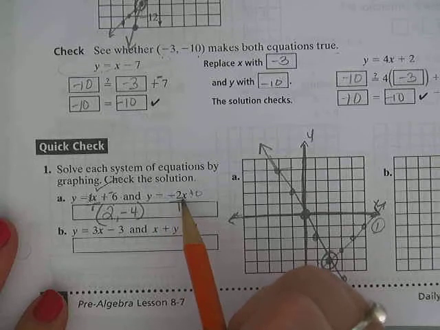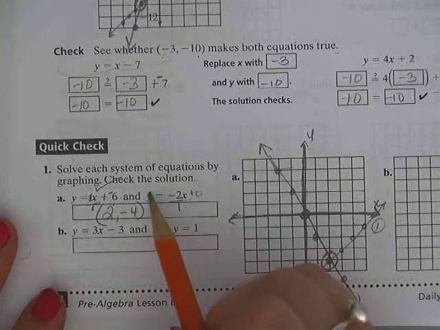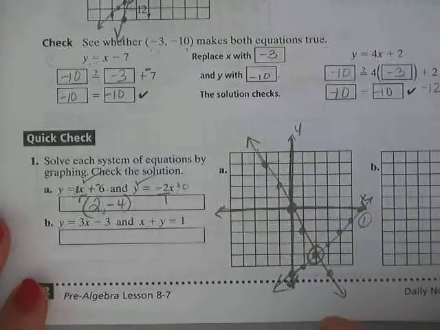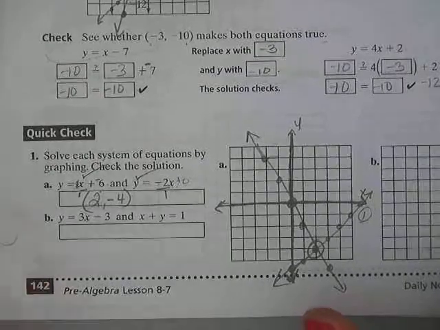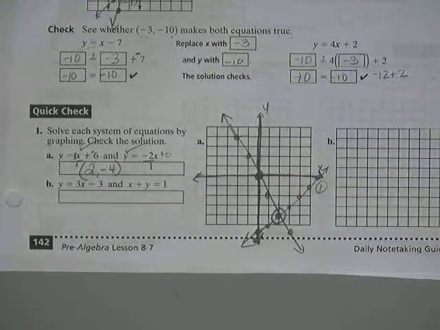I have x plus a negative 6. So 2 plus a negative 6. What is 2 plus a negative 6? Negative 4. Good. So that one's a check. How about this one? We have negative 2 times x. Negative 2 times 2 is -4. Is that what we were supposed to get? Yes. Fantastic. So check.